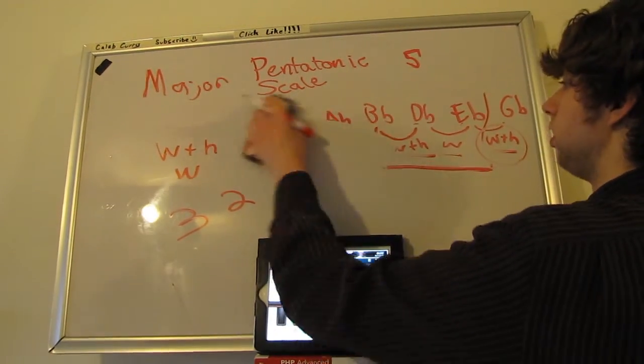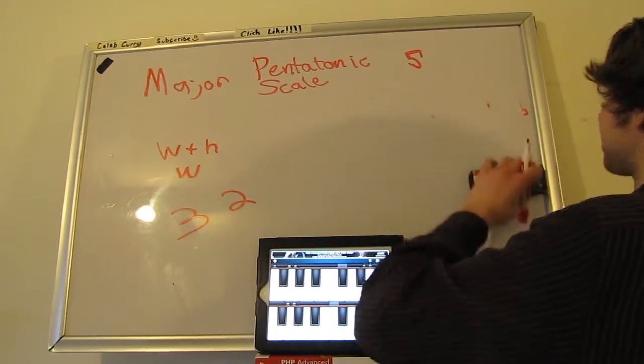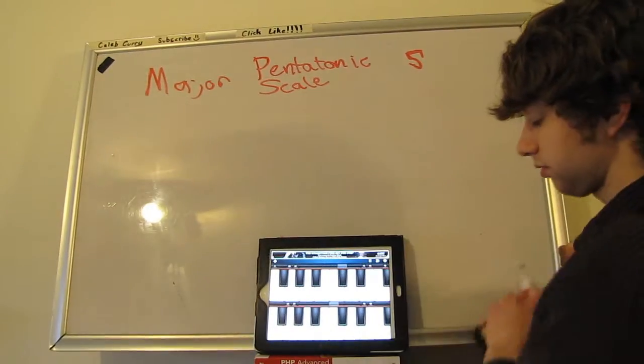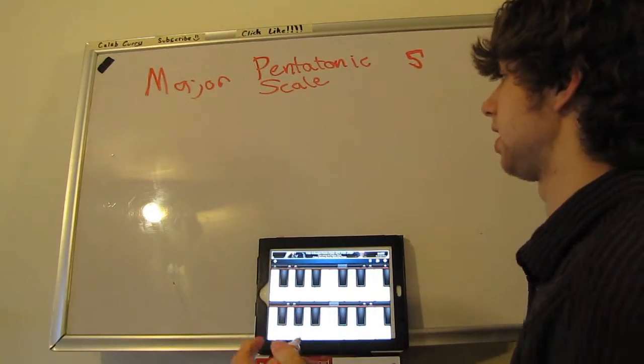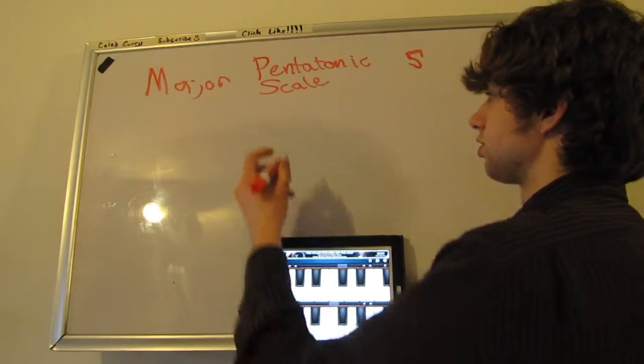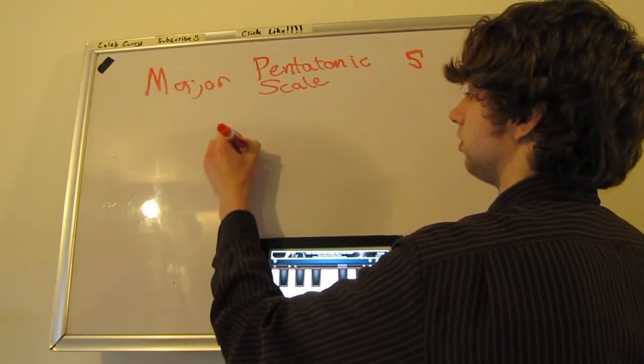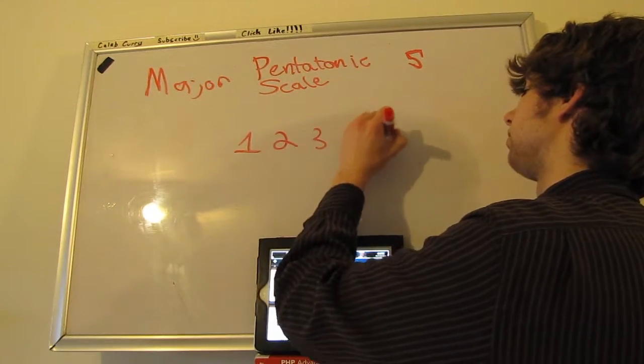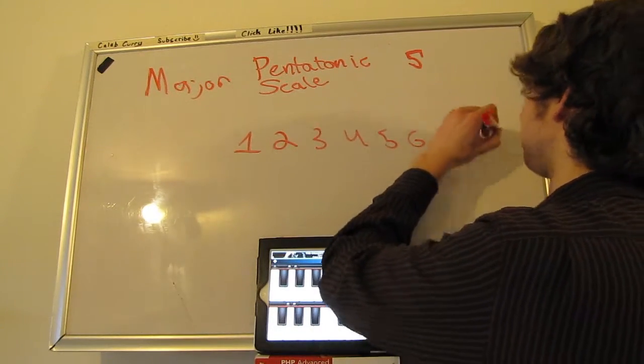Now, a lot of people, instead of thinking of these whole step, half step patterns, will think of it differently. They'll think of it as taking a major scale, we have the tonic, 2, 3, 4, 5, 6, 7, octave.